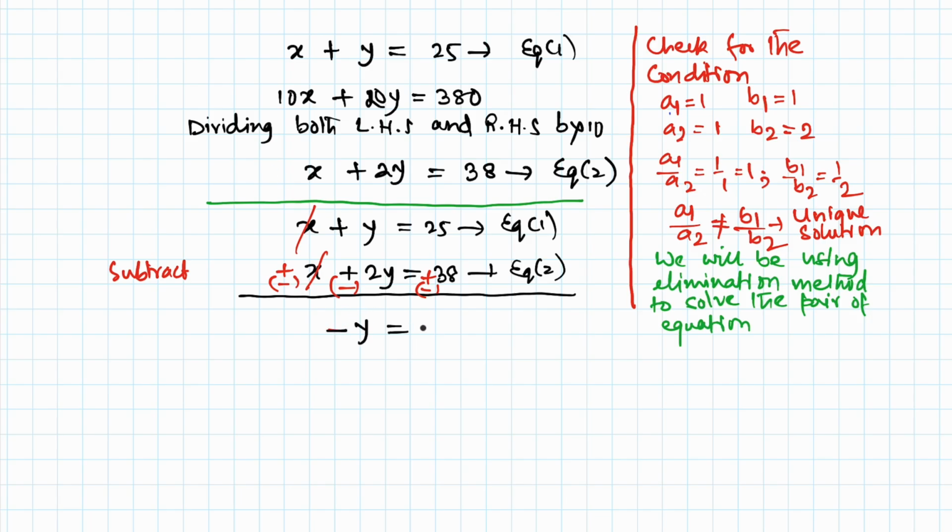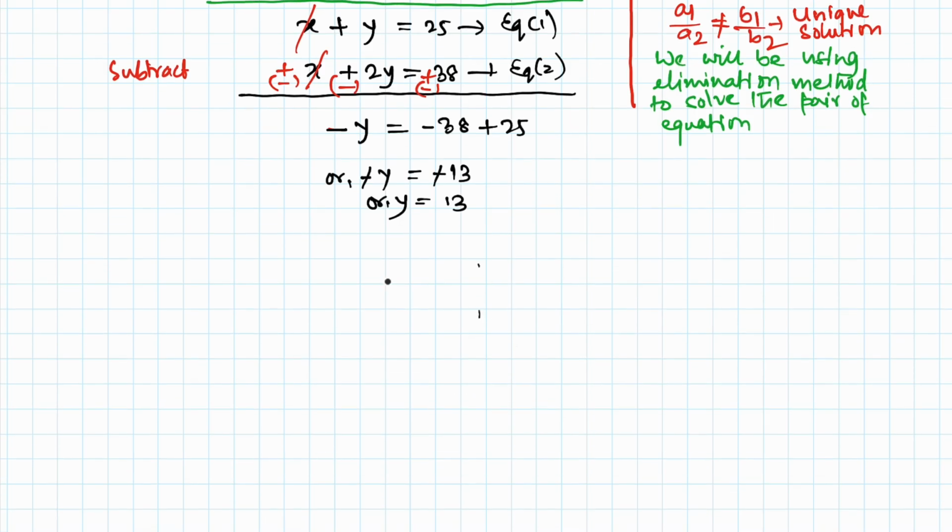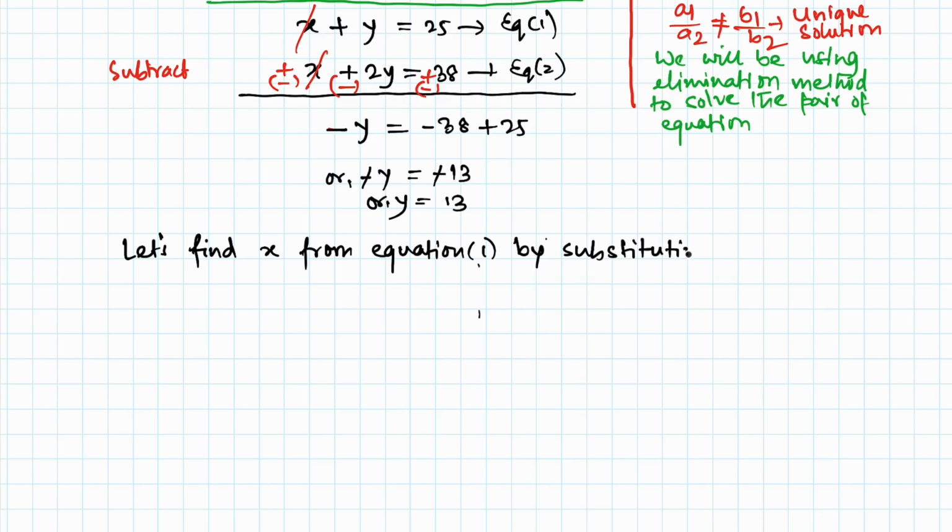We get minus 2y plus y is minus y, minus 38 plus 25 is minus 13, and the minus from both sides gets cancelled, and we will be getting y equal to 13. So easy.